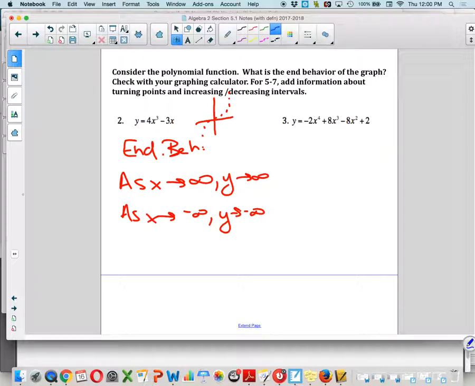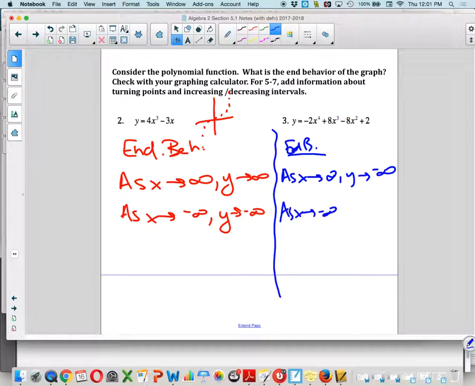If I cube a number that's negative, it stays negative. So the further out you go in either direction, it should follow that pattern consistently. Your end behavior in number 3 is that as x approaches infinity, y approaches negative infinity. As x approaches negative infinity, y approaches negative infinity as well.